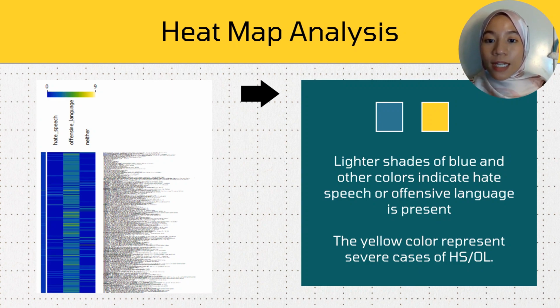The intensity of the color indicates the degree or the frequency of such harmful language. Yellow in this case is the brightest or the most intense color, which represents the highest or the most severe category. In this case, it indicates instances where hate speech or offensive language is present.